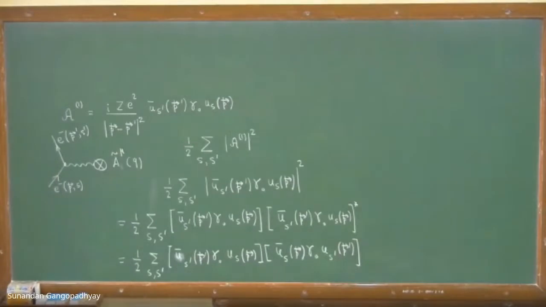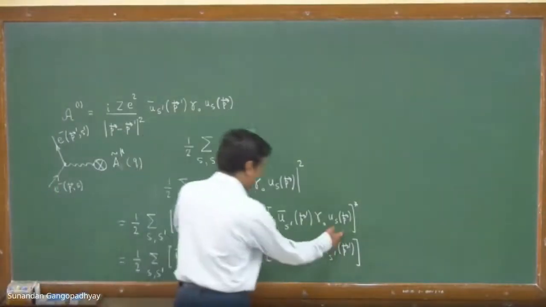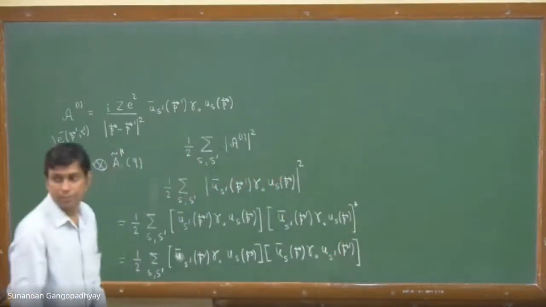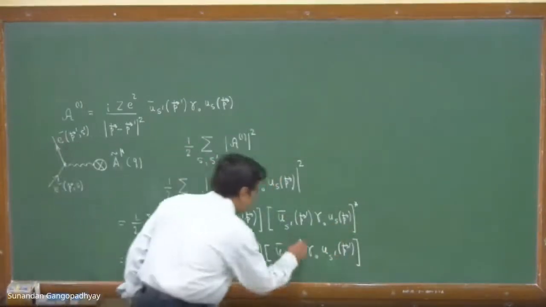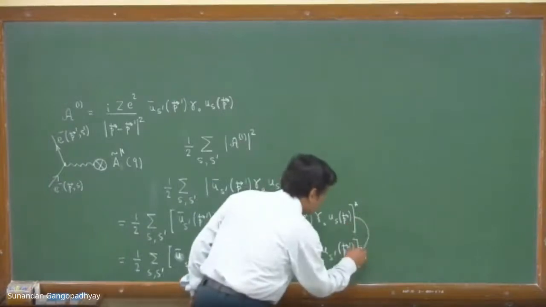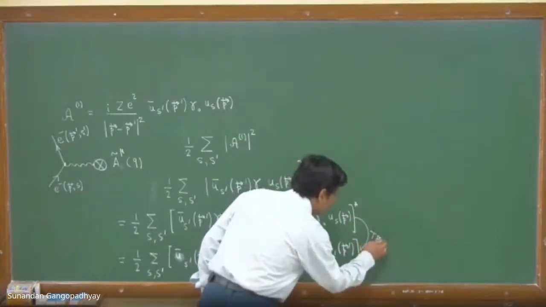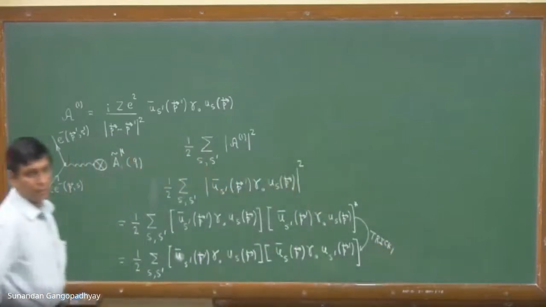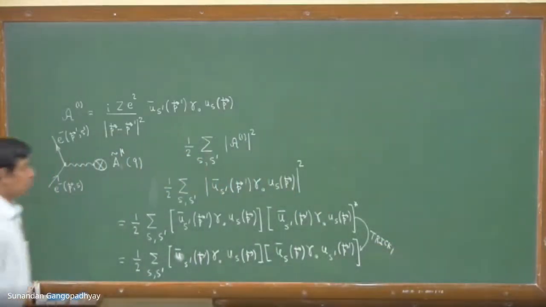You can actually show that the complex conjugate of this quantity is basically this. How to take a complex conjugate?